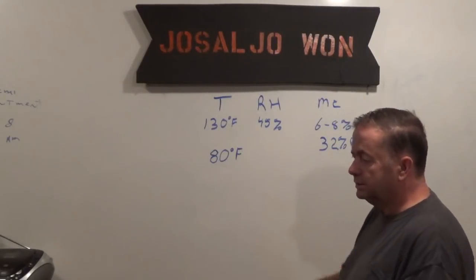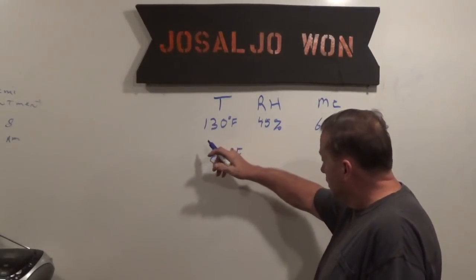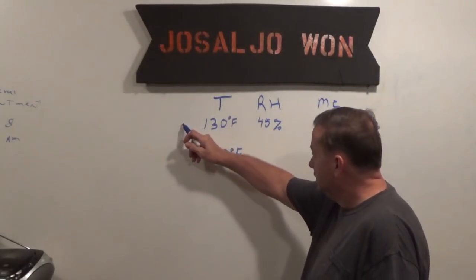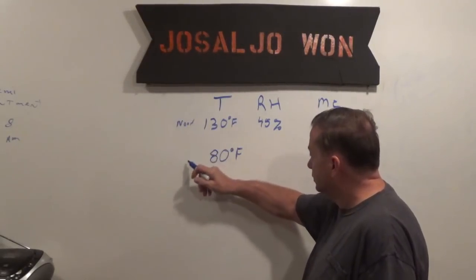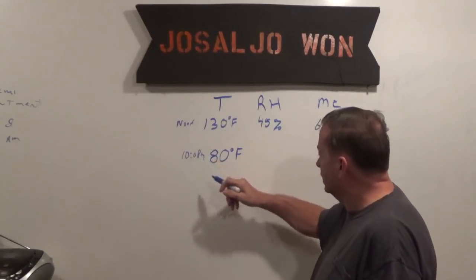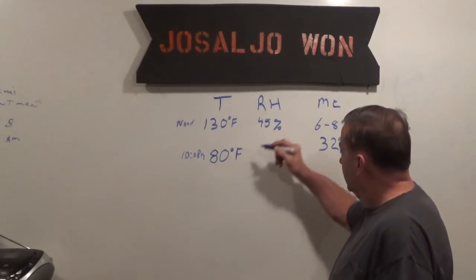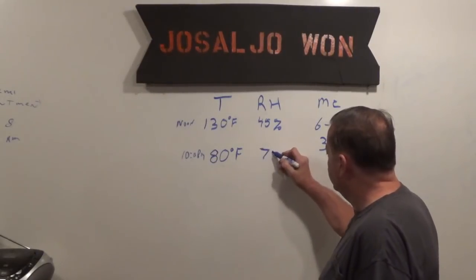But here's the problem with this. Now, the kiln is shut down at the moment because it's 10 o'clock at night. So what happened was, this is roughly noon, okay? So now at 10 o'clock p.m. we're at 80 degrees, and the relative humidity has climbed up to 70%.